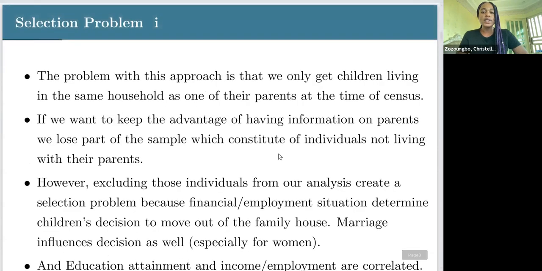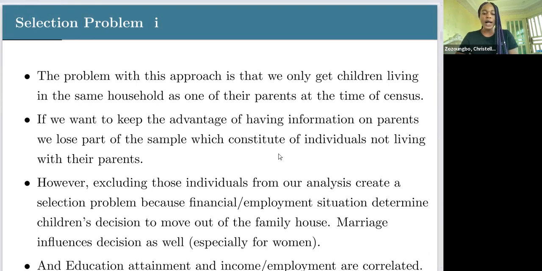But the problem with this approach is that we only get this information on children living in the same household as one of their parents at the time of the census. And so if we want to keep the advantage of having this information, we are losing part of the data which constitute of individual not living with their parents.